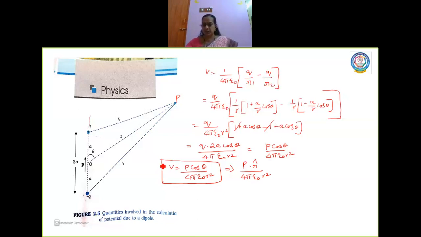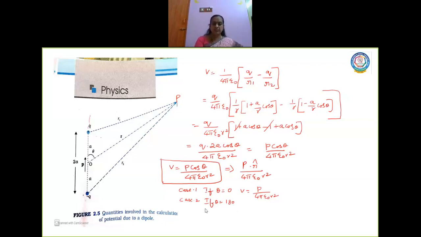Okay, so case 1, if theta is 0, then potential will be P by 4 pi epsilon naught R square. Next case. Case 2, if theta is 180 degree. When will theta be 180 degree, children?